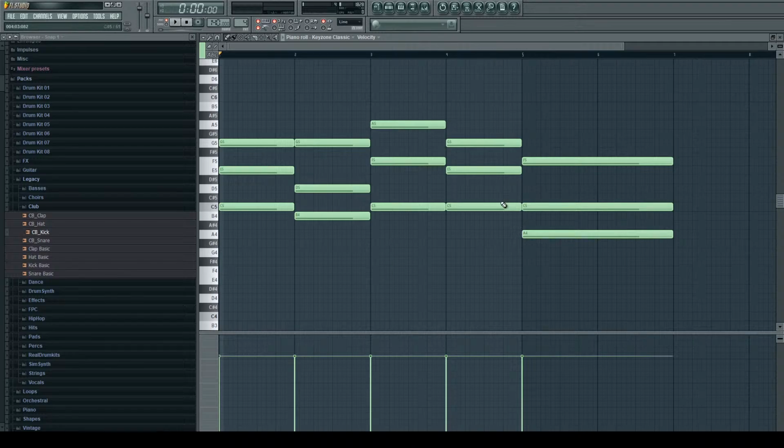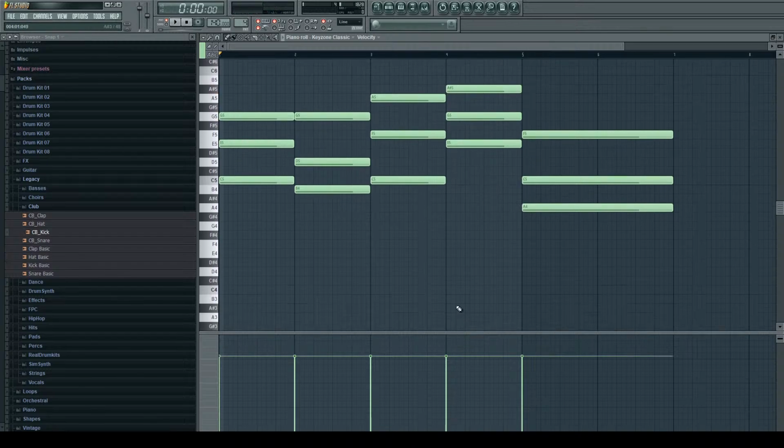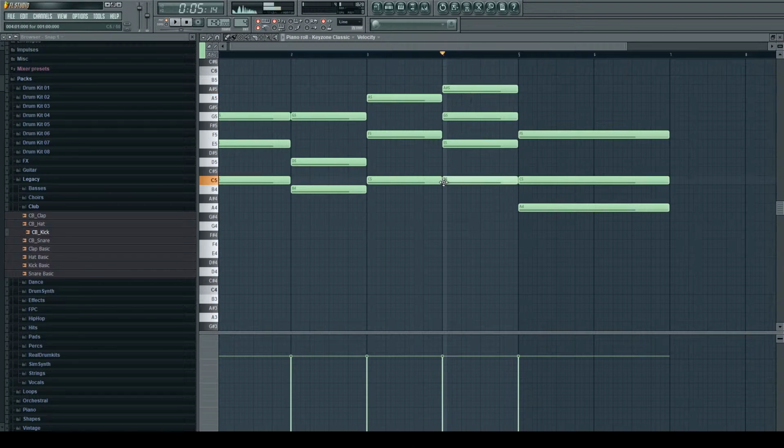Also, I'd like to point out what you guys notice here: if I remove the C, what we have is a diminished chord. Right? Still going to end.